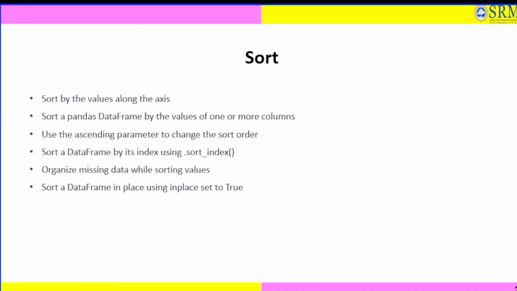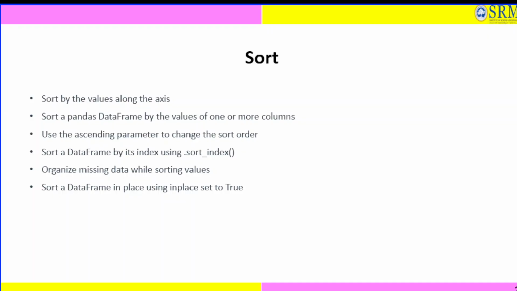Next is sort. Whenever we work with numerical values and want to sort them, we use the sort method. It sorts the values along the axis, either 0 or 1. You can sort a pandas data frame by the values of one or more columns, and you can use the ascending parameter to change the sort order, whether ascending or descending.